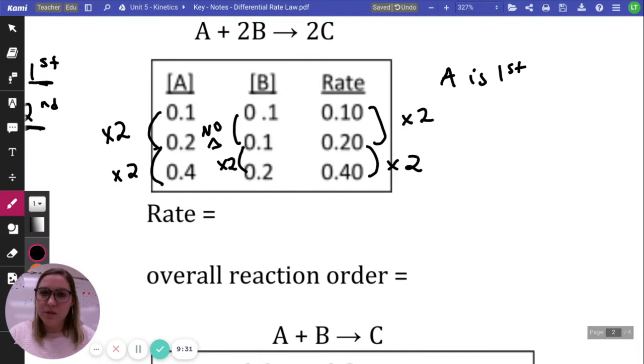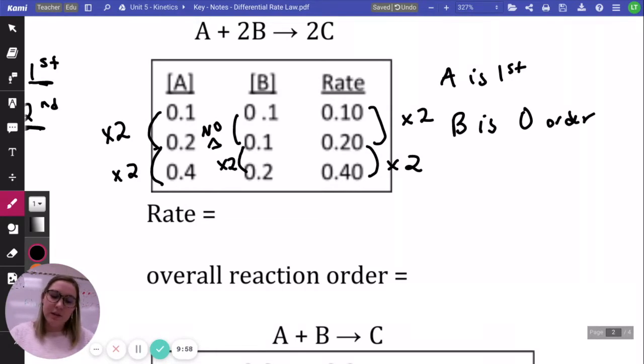Well, our rate doubled. Since A is first order, which I've already figured out, the rate should have doubled, so that makes sense for A. But B also doubled, and there's no other effect than just that doubling. So that means B actually had no effect, and B is going to be zero order here.